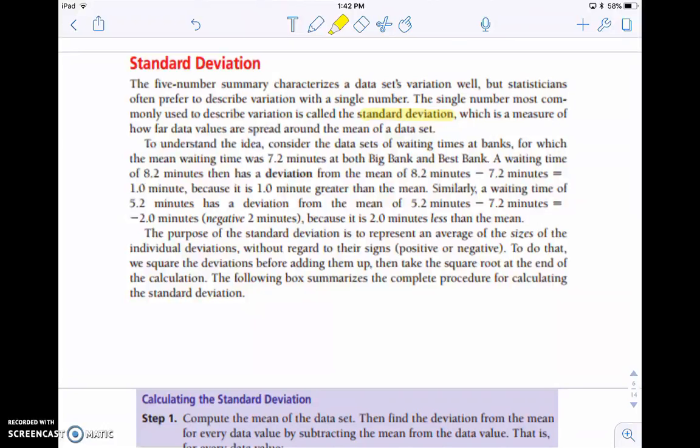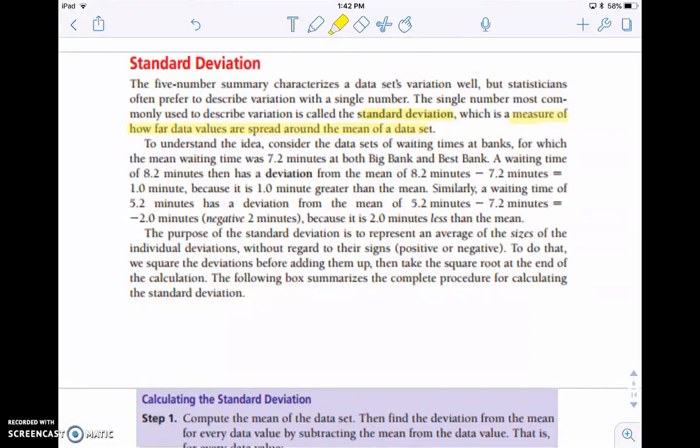The standard deviation is just the measure of how far data values are spread around the mean of a set of data, kind of the standard amount that we are away from the mean. So the bigger the standard deviation, the more spread out we are. The smaller the standard deviation, the less spread out we are.